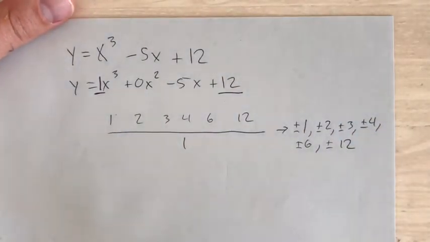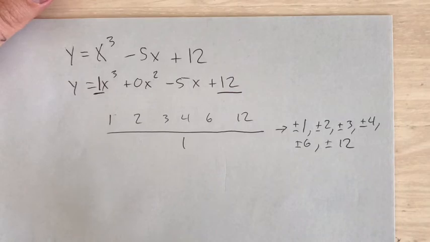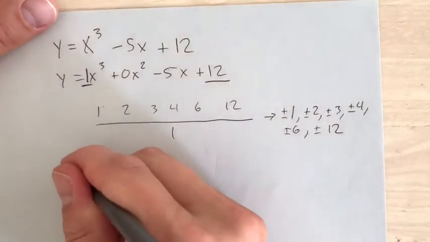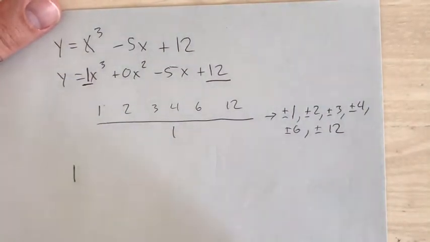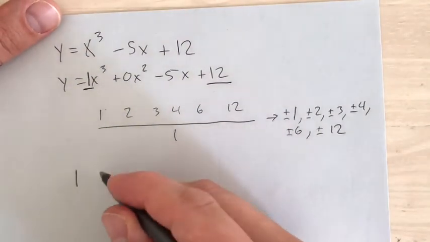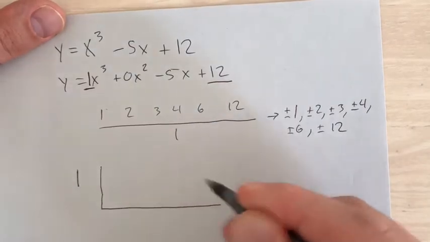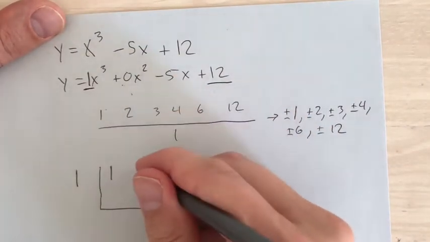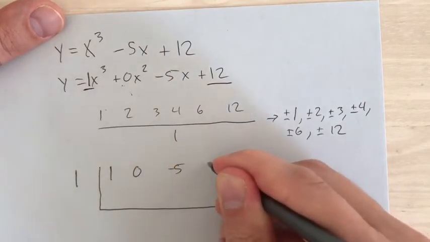At this point, we would go ahead and see which one of these would break that down. So I'm going to try, let's say, for instance, 1. We'll write this in synthetic form: 1, 0 as a placeholder, negative 5, and then 12.